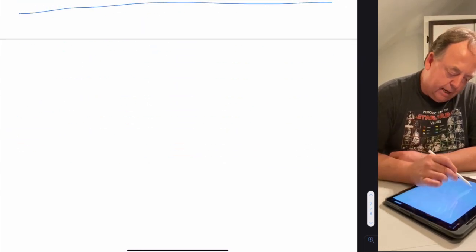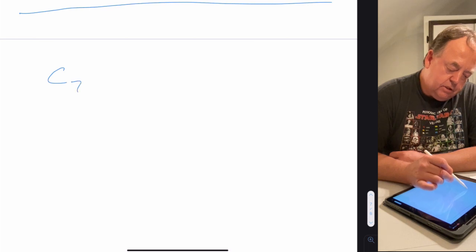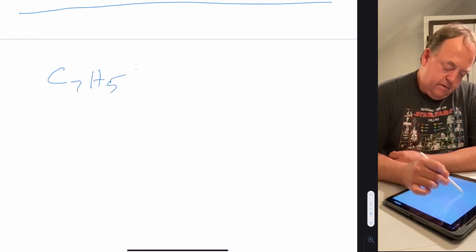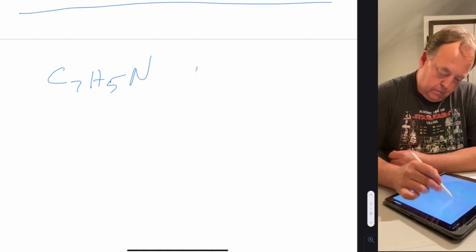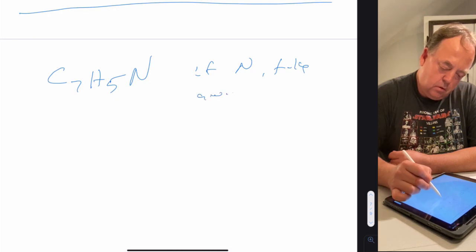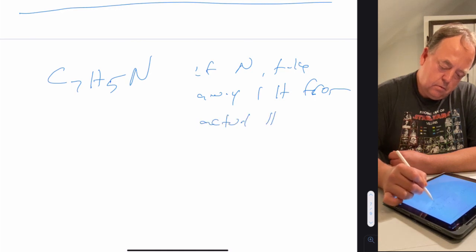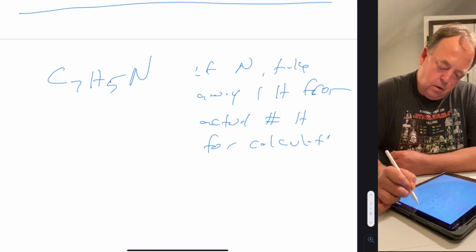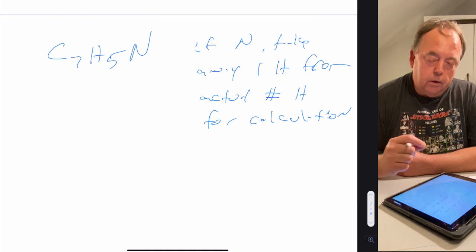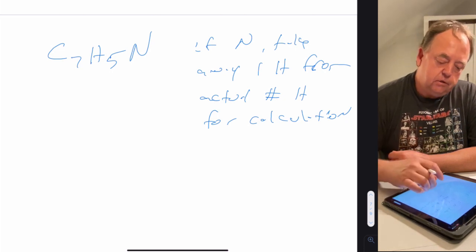So what if you have nitrogen in your formula? So C7H5N. If you have a nitrogen, when you're calculating double bond equivalencies, take away 1 hydrogen from the actual number of hydrogens.